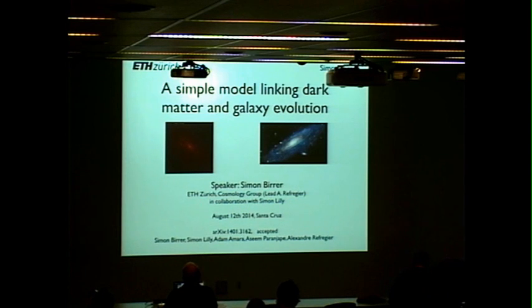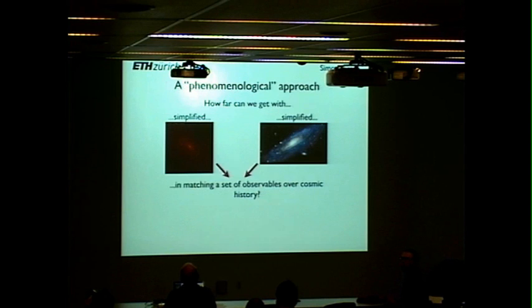And I'm going to present a simple model with a very simplified picture of evolution. The spirit is: how far can we get by taking two very simplified models together and matching a set of observables?